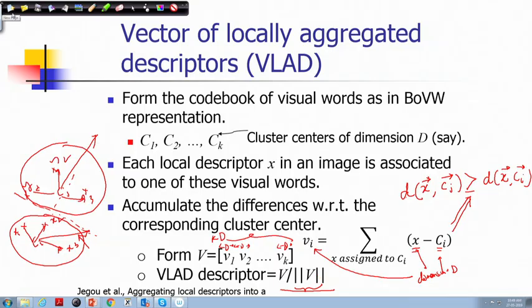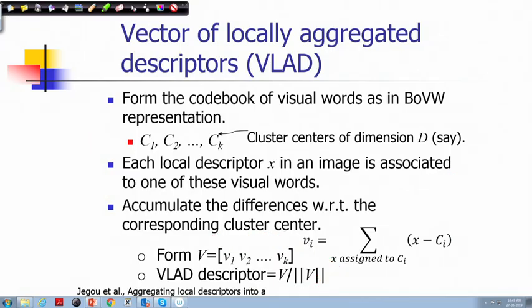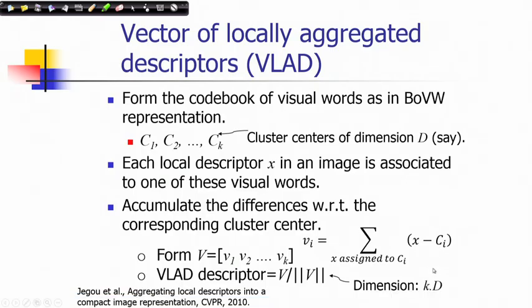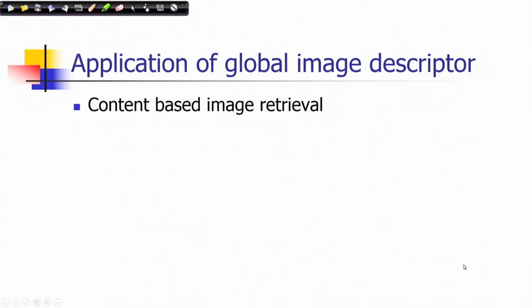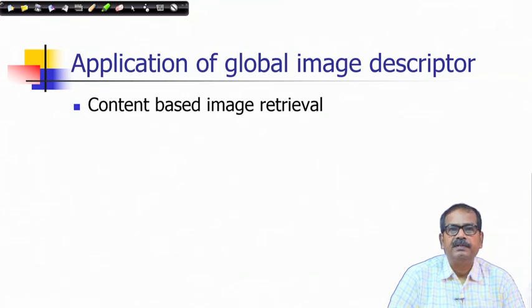Let us try to understand what could be the motivation of this kind of representation. So, what are the applications? One of the applications of this kind of global image descriptor is content based image retrieval. Let us try to understand what is meant by content based image retrieval.